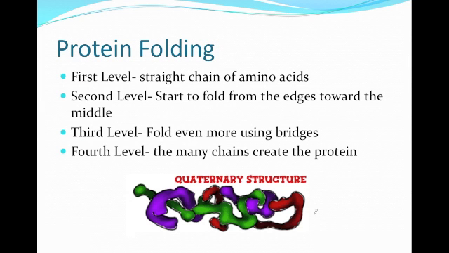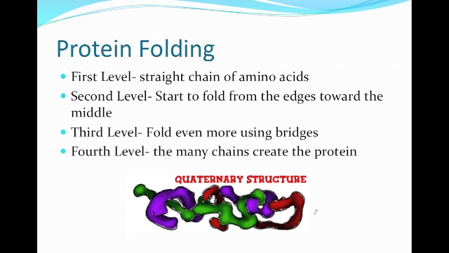So protein folding is when a straight chain of amino acids turns into a protein. There are four levels. The first level is when a straight chain of amino acids forms. There may be two or three chains when they join by, I think, a disulfide bond. The second level is when they start to fold from the edges towards the middle. It's almost like they're twisting and turning and clumping up together.